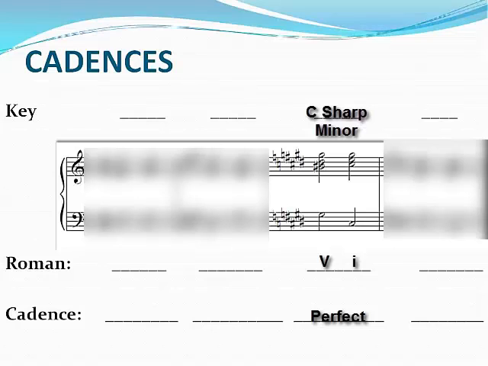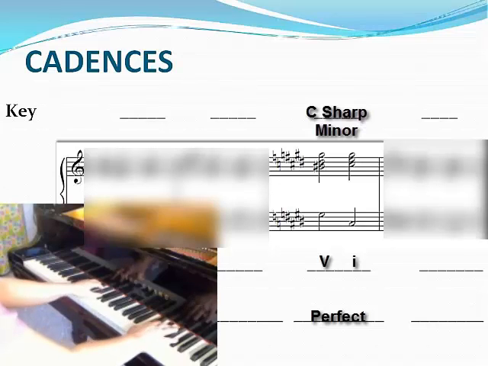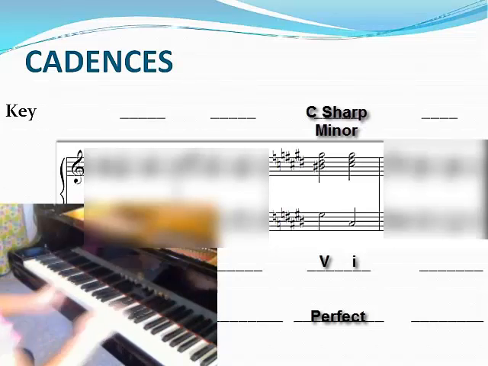As you get working more and more with cadences, that raised leading note will really jump out at you and help you with naming keys and with identifying cadences. Also, the 1 chord in a minor key is always a minor chord. When I play this for you, you'll notice the first chord is major and the second chord is minor. Could you hear the difference between the major and minor chords?